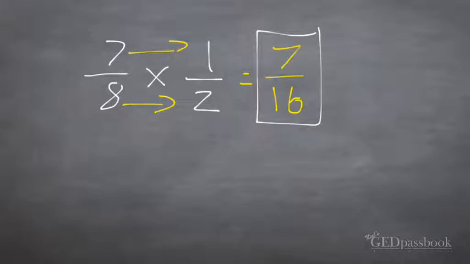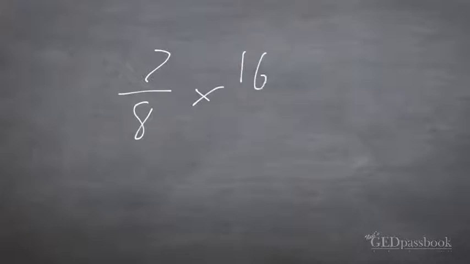But when you have large numbers, let me see if I can find a good example here. So we have 7 over 8 times 16 over 1.